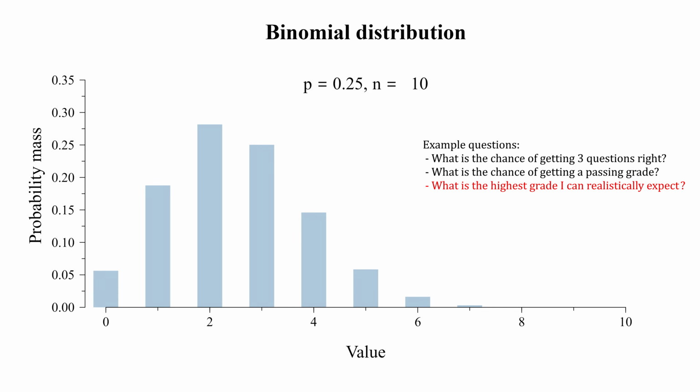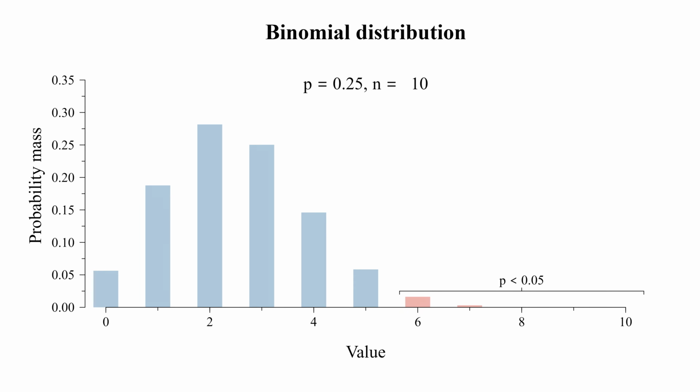The highest grade you can realistically expect is again a question that requires you to give an interpretation. You may think this is vague, but it's not too different from actual research. You often start out with some vague idea of what you want to demonstrate, and then you have to convert it to something very precise in order to give an answer. For example, if you interpret realistic to mean a chance greater than 5%, the answer would be 5 correct answers, as everything past that sums up to less than 5%.